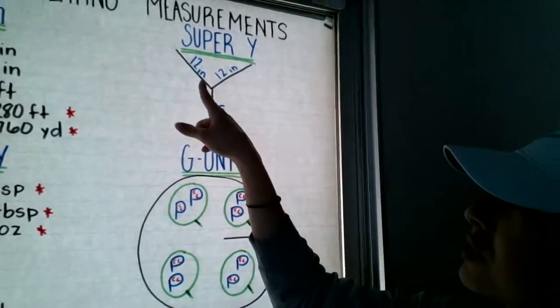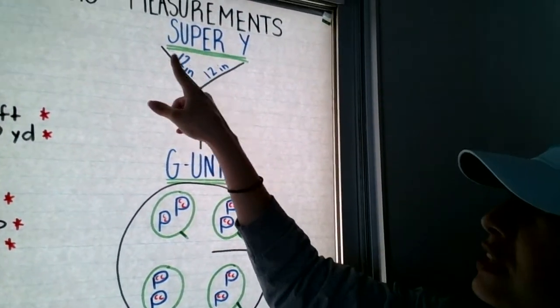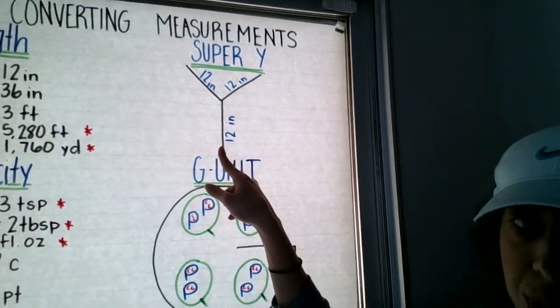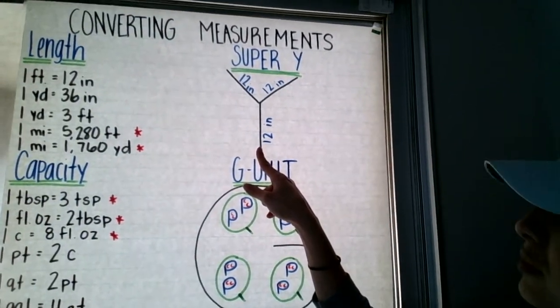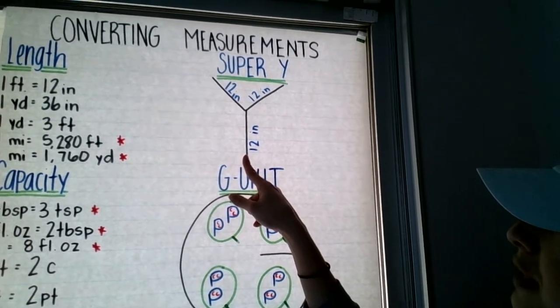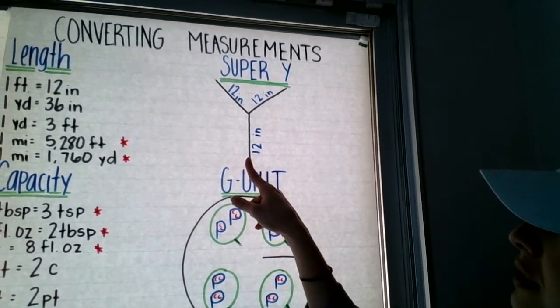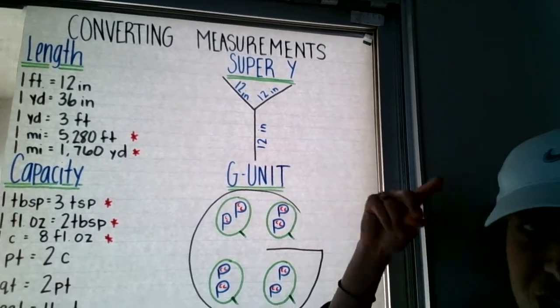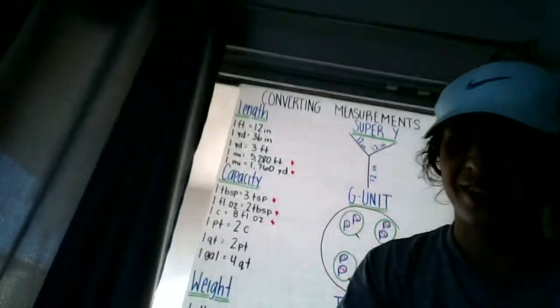So a SuperY is 1 big yard. That's what the Y stands for, a yard. Then inside each yard, we have 3 feet, which I forgot to draw. Hold on 1 second.